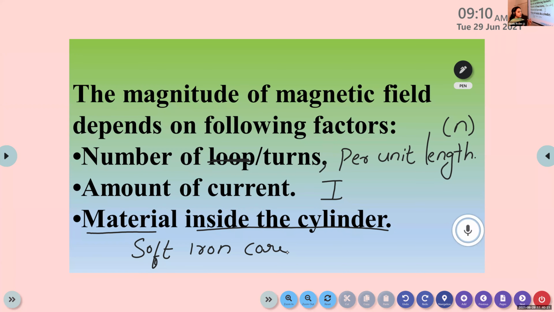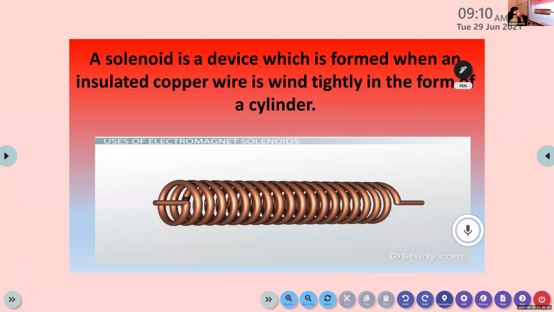Here we know that the solenoid is cylindrical in shape. So if we place a soft iron core inside this solenoid, you can increase the strength of the magnetic field. We know that this is our solenoid, and if we keep a soft iron core inside the length of the solenoid, you can thereby increase the strength of the magnetic field.